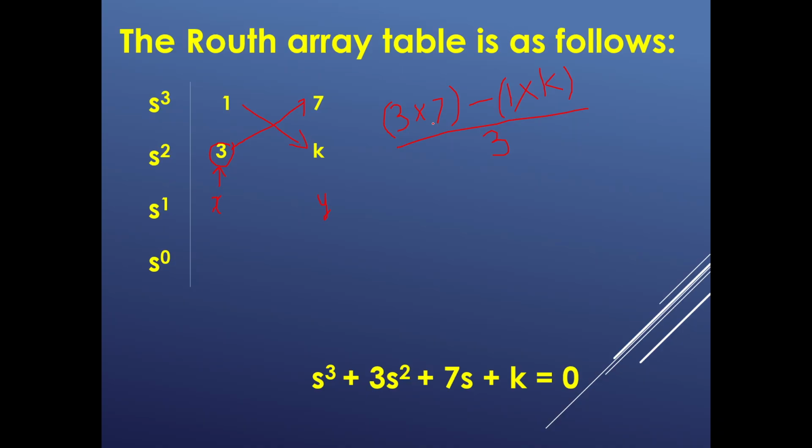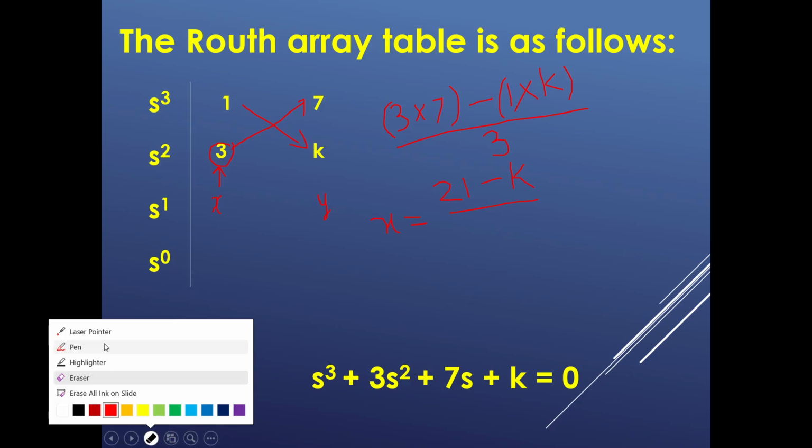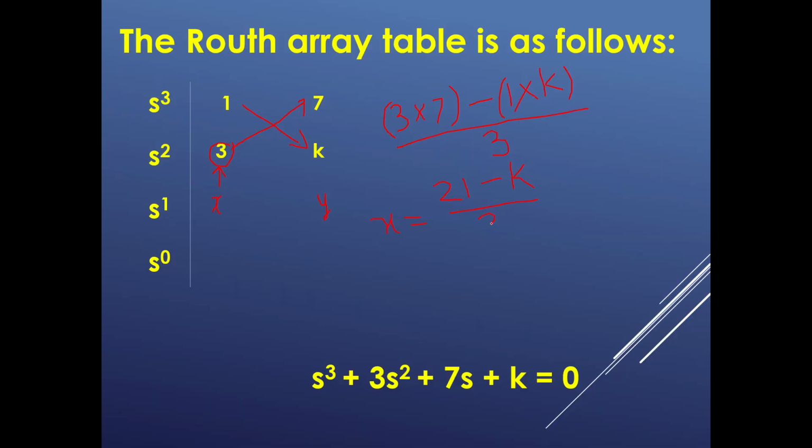So 3 into 7 you will get 21, minus 1 into k is k, divided by 3. So this is what you must write. x is equal to (21 minus k) divided by 3. Okay, this is our x.